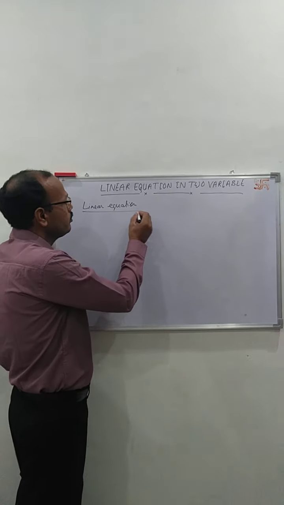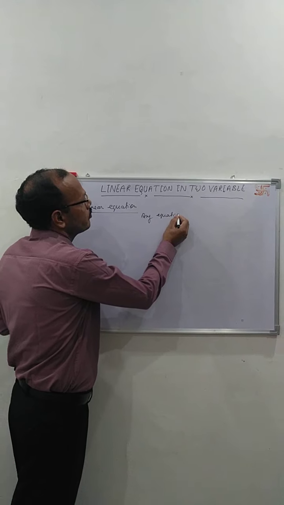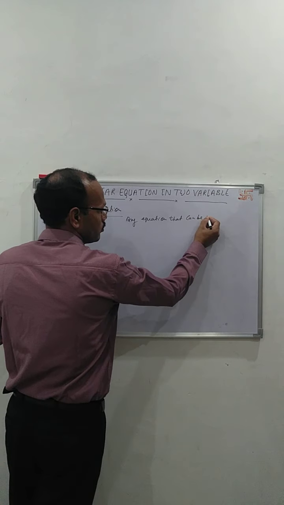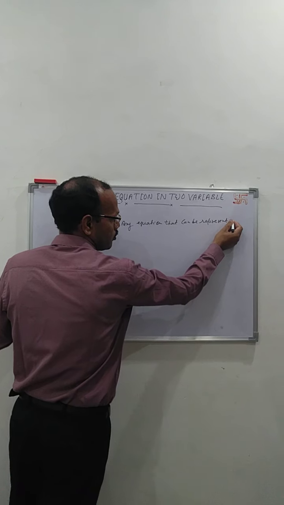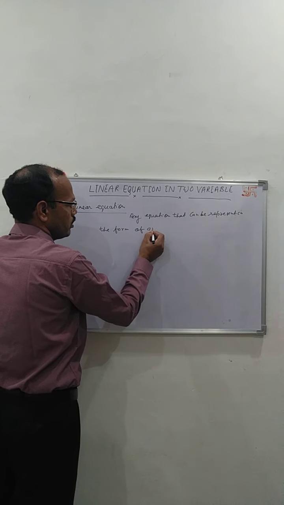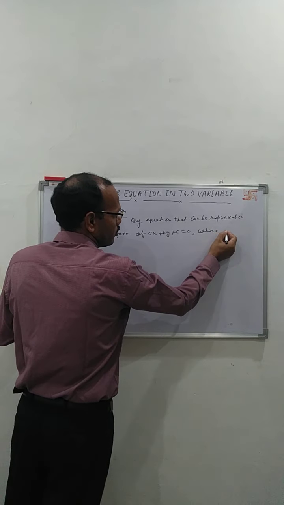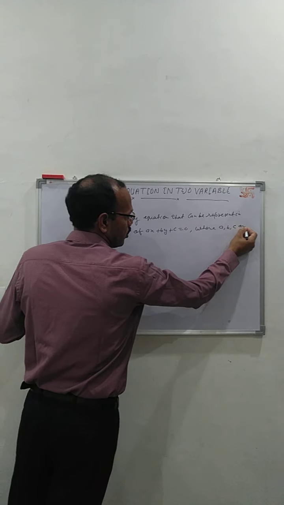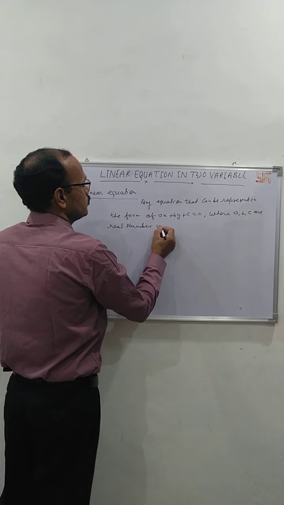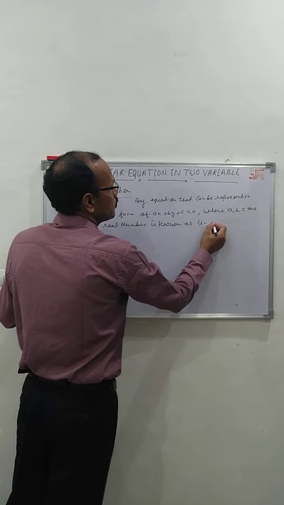Any equation that can be represented in the form of ax plus by plus c is equal to 0, where a, b, c are real numbers, is known as a linear equation.